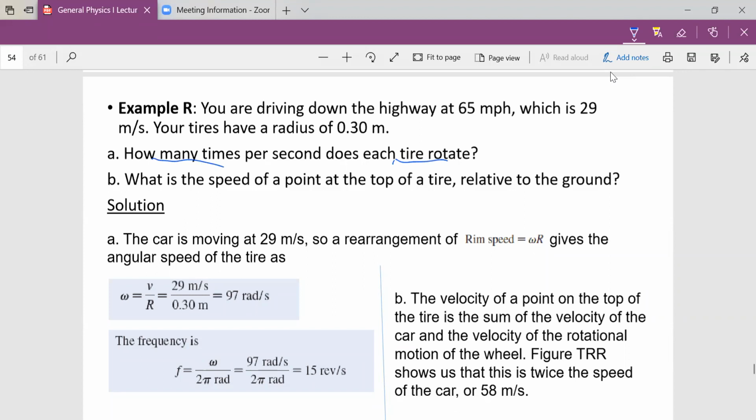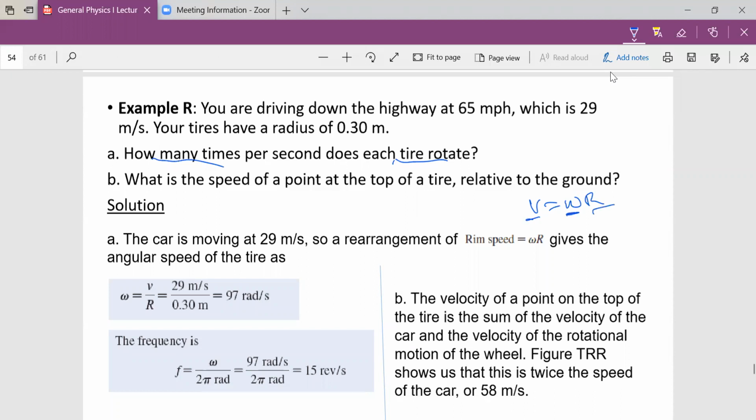So from the question, we can use the relationship V equal to omega R, because it's rotational, with R big or small r. We use big R because we're just looking at the example of the rim as a representation of your tire, okay? The radius is given and the speed is given, right?